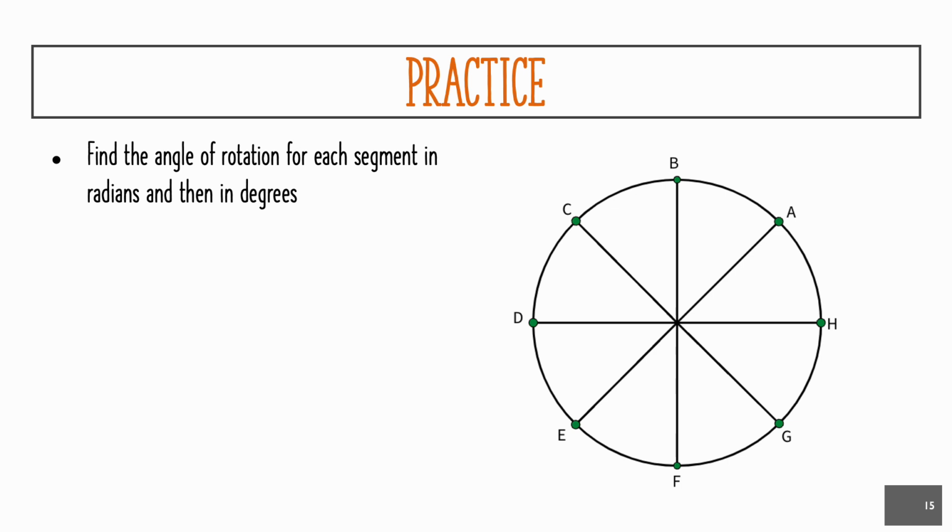Let's do some practice. So I want you to pause this video and then do the same thing as I just did. You are just writing down in terms of radians and in terms of degrees what these angles are going to be. So pause the video, do the angles, and then play it again. Okay, so this is what you should end up having.